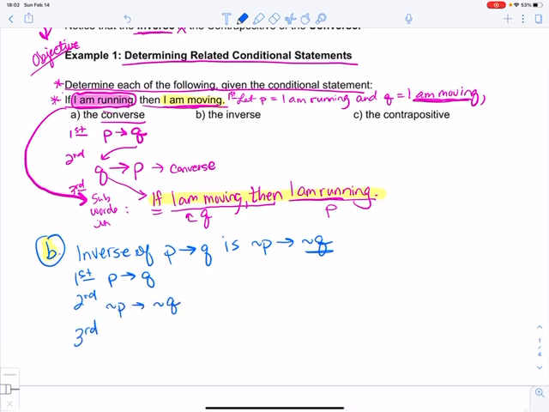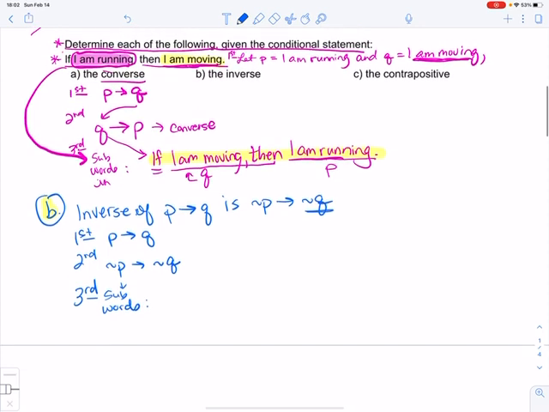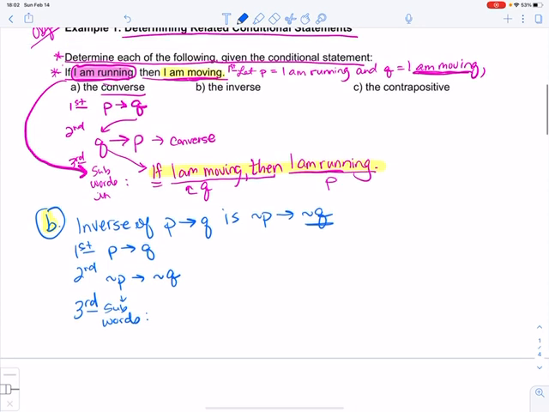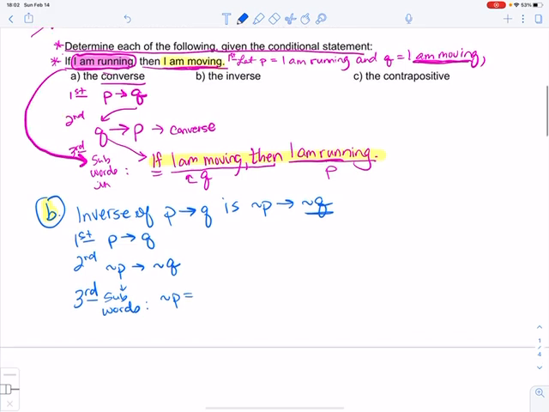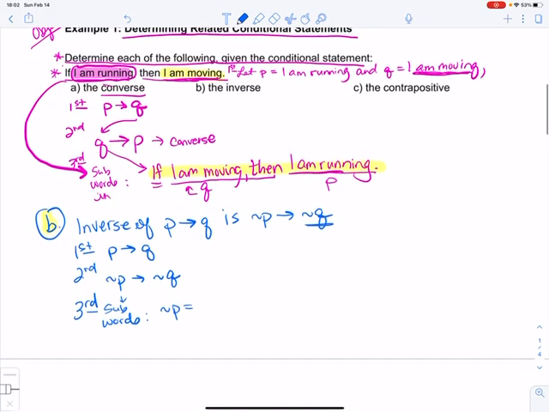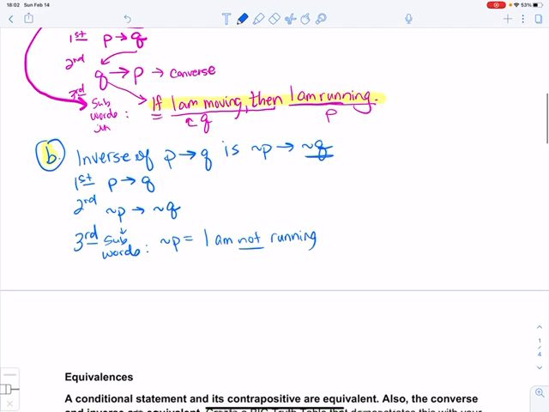And this one's going to be a little trickier because we have to sub the words back into here. But we have to negate P to do that. So P says I am running. So the negation of P would equal I am not running, the not negating it, making it false.